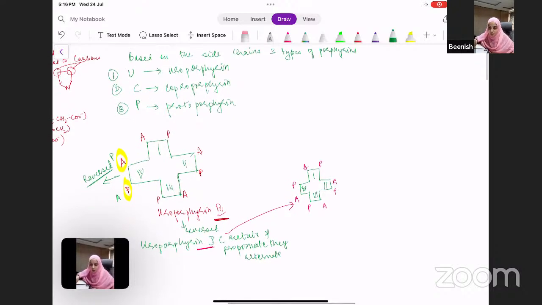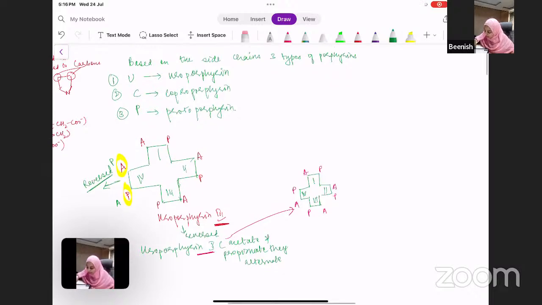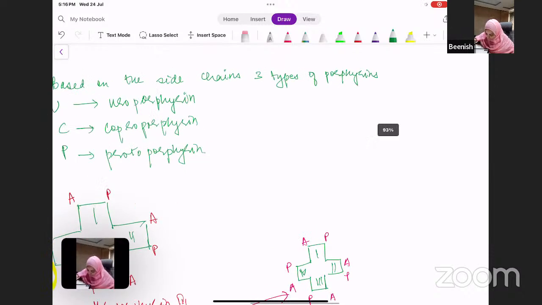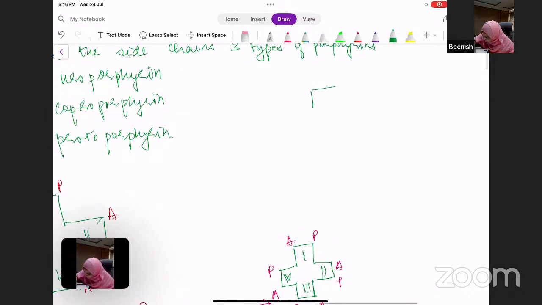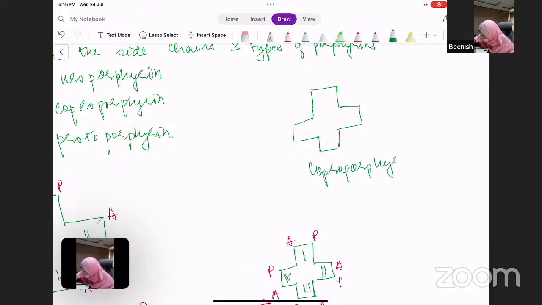Now talking about coproporphyrin. In coproporphyrin, the side chains are M and P. What is M and P? That is your methyl and propionate. So if I draw coproporphyrin, it is going to look like so.